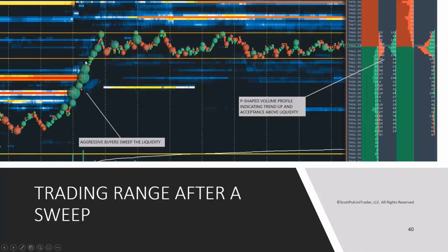You'll find that the price tends to stop and create this balanced volume profile and acceptance around this area. Okay, and you want to look for long entries at the low volume nodes. When there's a lack of volume around here, that's where you want to look for long entries.